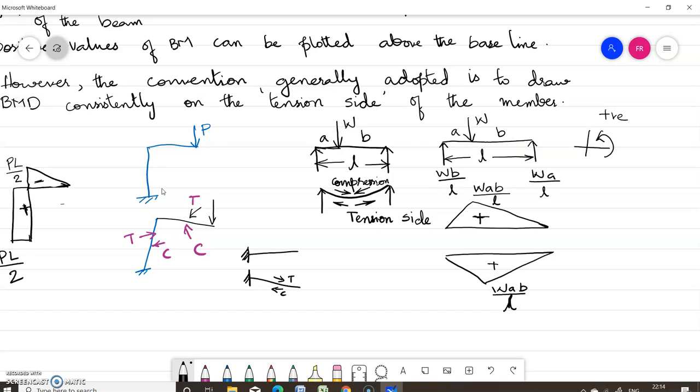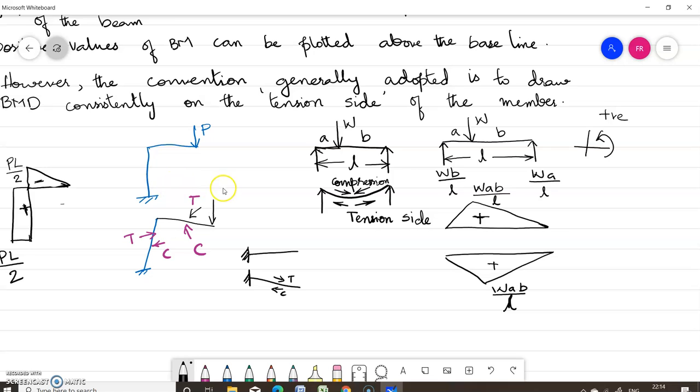So what is a shear force diagram? It is a diagram in which the ordinate represents the shear force and the abscissa represents the position of the section. Bending moment diagram is a diagram in which the ordinate represents the bending moment and the abscissa represents the position of the section.